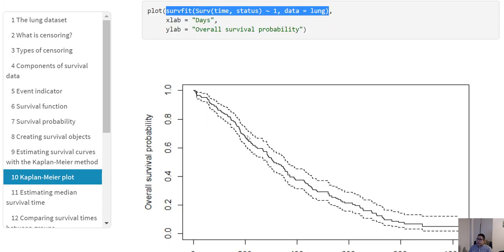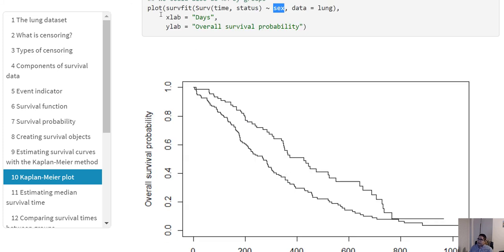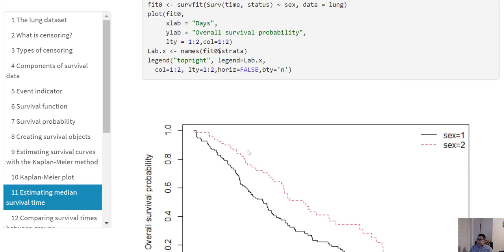The plot will look like this, where by default you will see not only the curve in the middle but also the confidence interval for that curve. You can also group the Kaplan-Meier curves by sex or one particular variable. In this example, when we are stratifying by sex, we will find two survival curves, one for the male and one for the female.